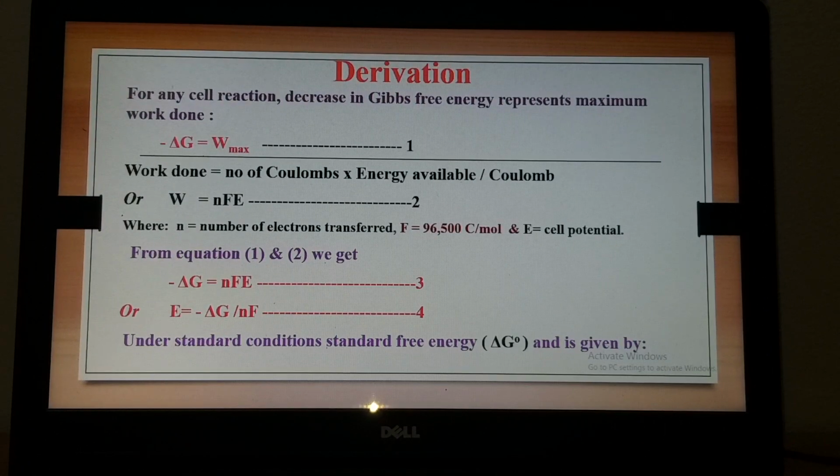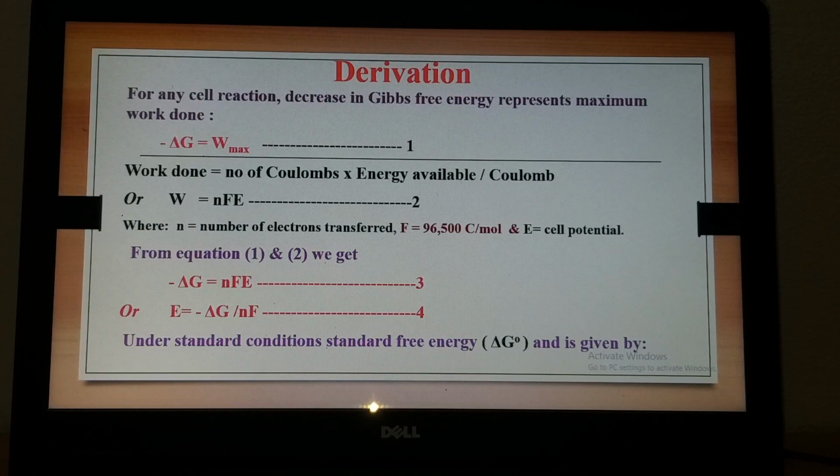For the derivation of the Nernst equation, let us consider any cell reaction, which is a redox reaction. Therefore, the decrease in the Gibbs free energy represents maximum work done, and it is represented by the equation minus delta G is equal to W max, where work done is the product of number of coulombs and energy available per coulomb.